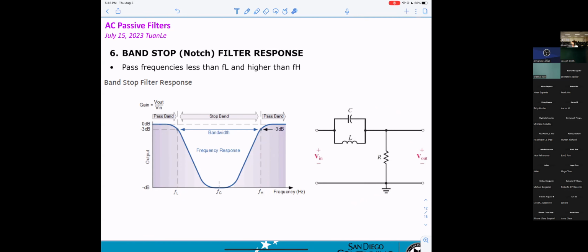They allow any signal higher than F high or lower than F low to pass, and they will reduce the frequency between F low and F high. So basically, this is just the opposite of the band pass filter.